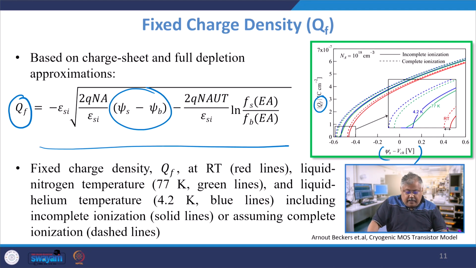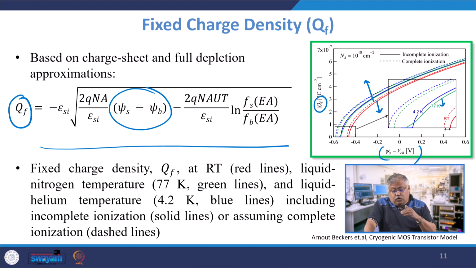Now, the fixed charge density at room temperature, which is the red line here, this is my complete and this is my incomplete ionization, and for liquid helium we take 4.2 Kelvin, which is the blue colored line, and liquid nitrogen is basically the green colored line, and this includes both complete as well as incomplete ionization.